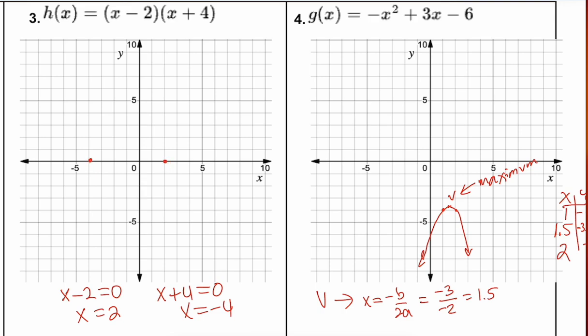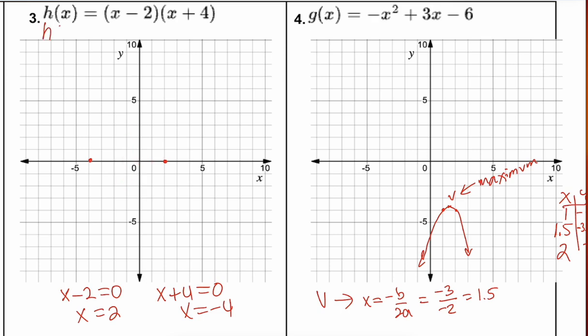So let's count. 1, 2, 3, 4, 5, 6 spaces occur between -4 and 2. So 3 spaces, so smack dab in the middle of that, that's here. -1 is the halfway point.